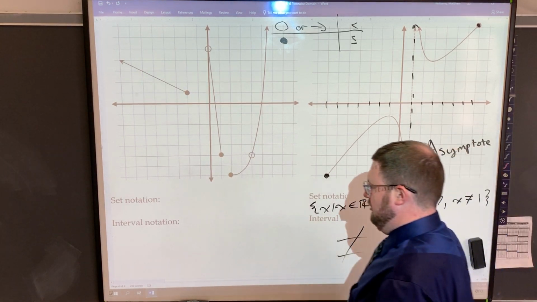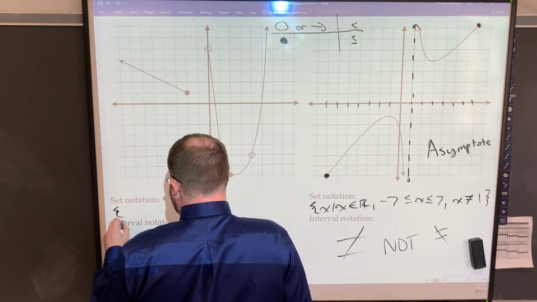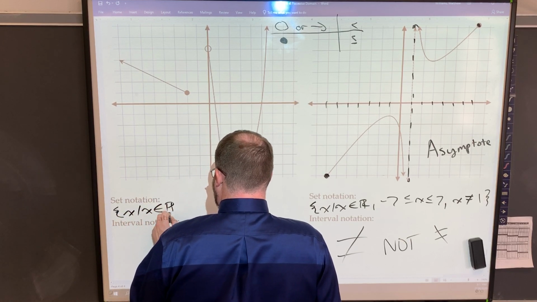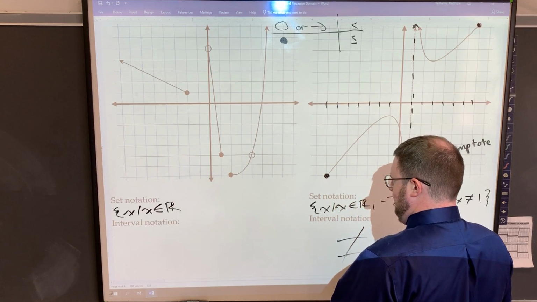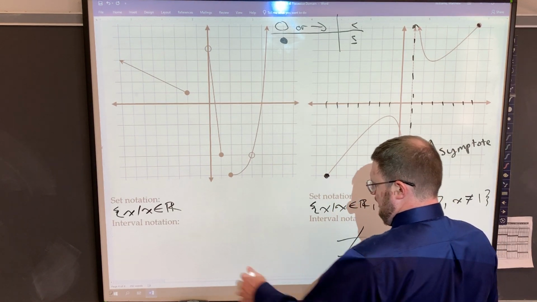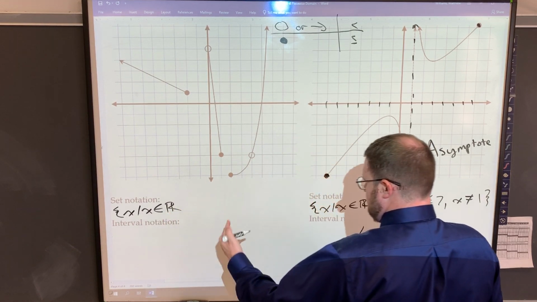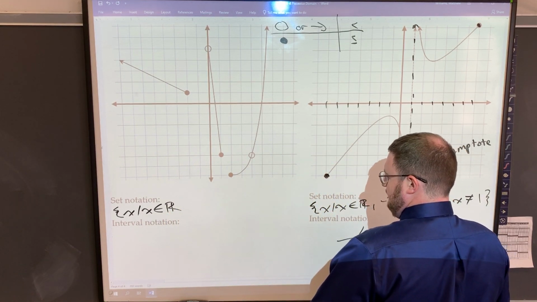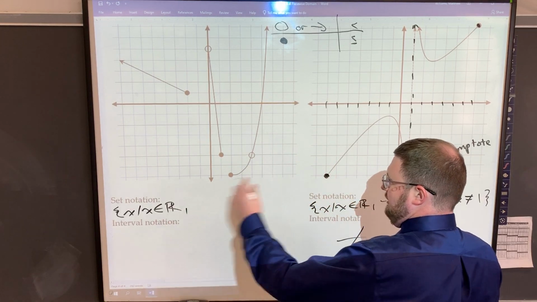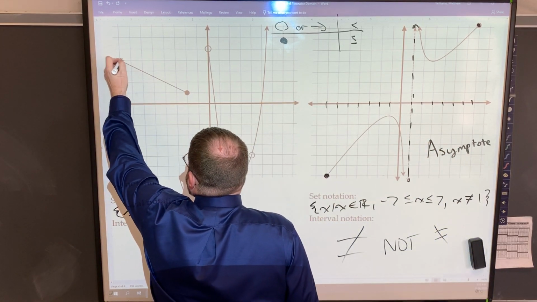Left-hand side. Set notation is always going to begin with x such that x is an element of the reals. It will always begin that way in this class. If you get into really high level math in college, it will change some. You might have a different symbol right here, but in this class it's always going to be x such that x is an element of the reals, comma. We're going from left to right. We've got this arrow on the left.